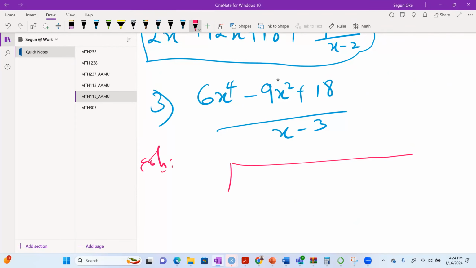So we're going to write it this way, and all of them must be represented. x raised to the power 4 plus 0x raised to the power 3 minus 9x squared plus 0x raised to the power 1, and plus 18.